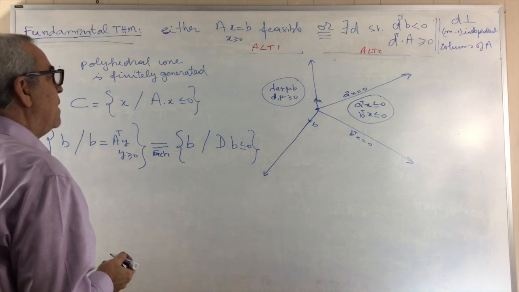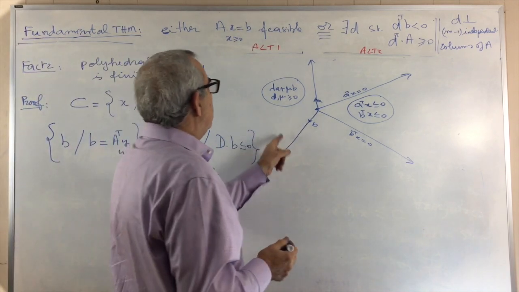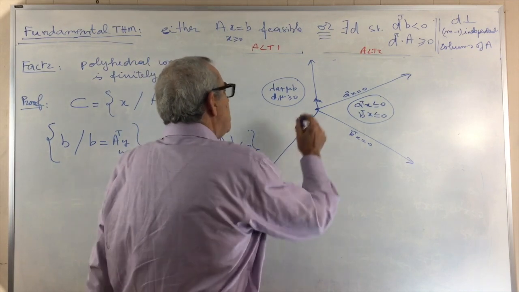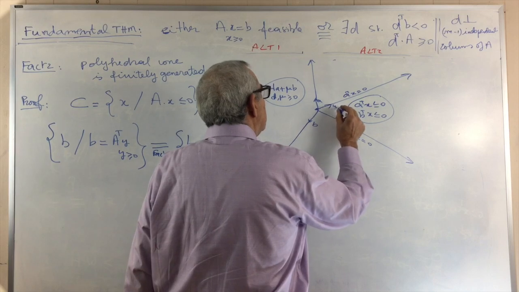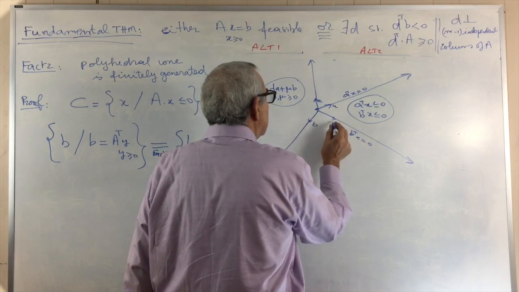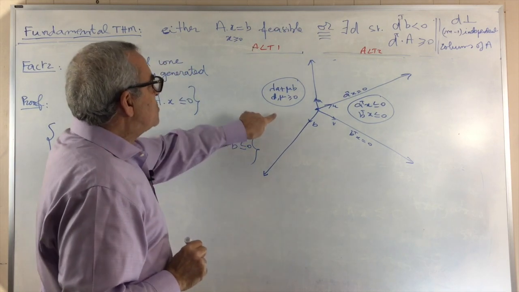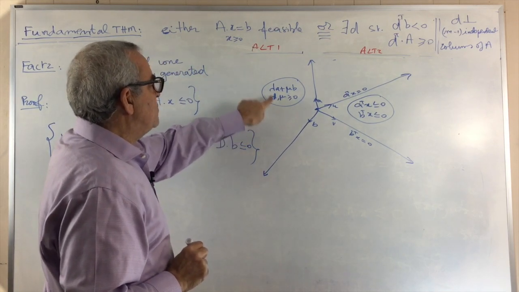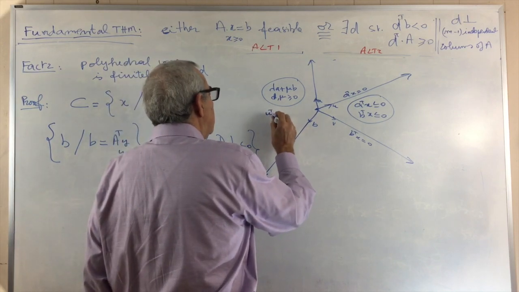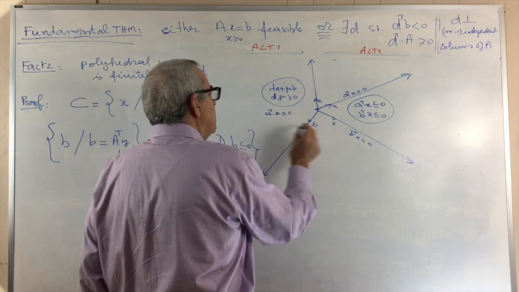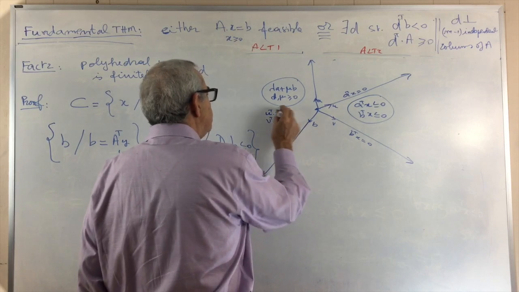So now, if I look at this graph here, if I draw this vector, I call it U, and this vector, I call it V. Then this cone right here, this cone that's finitely generated, is U transpose X less or equal to 0, and V transpose X less or equal to 0.